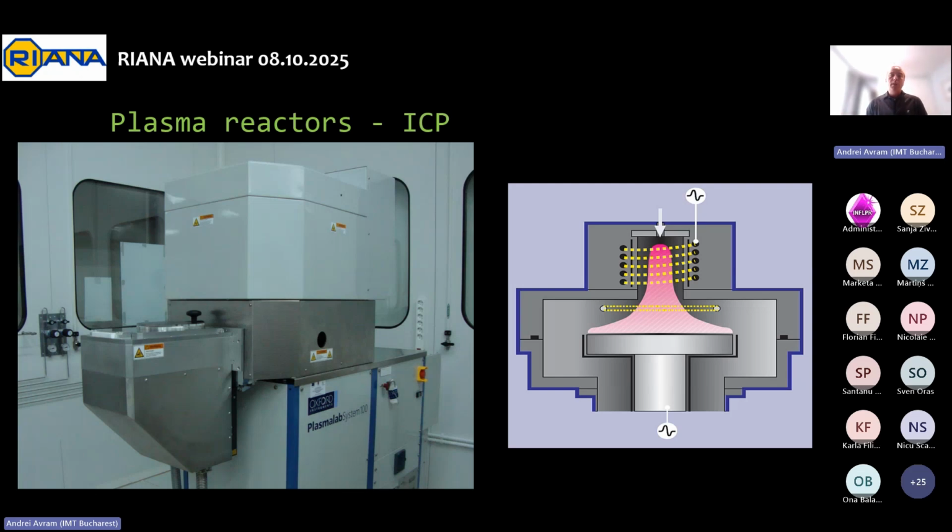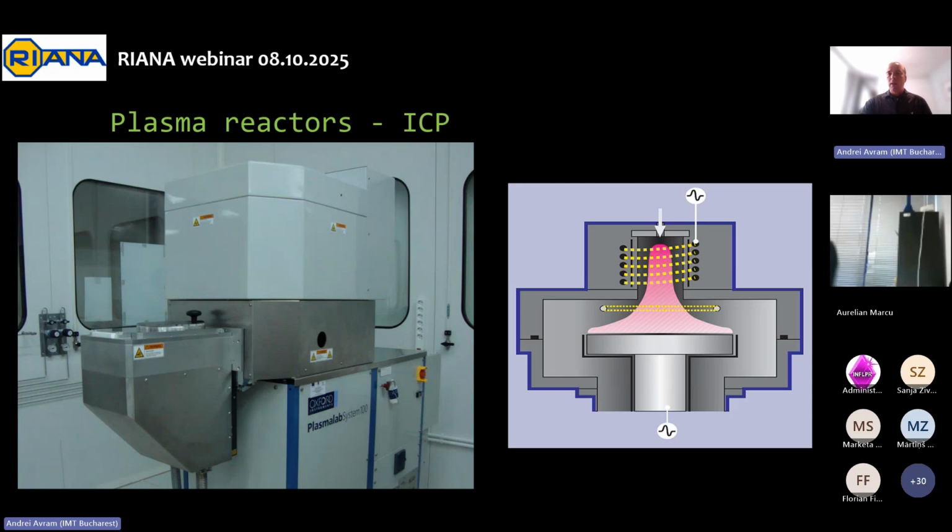So it is very difficult to control what the ions are doing inside. And you will see why this is important a little bit later. But for now, you just understand that the ICP is just a system which dissociates the DC bias from the plasma generation and allows you to create a lot more reactive species inside the plasma without increasing the bias of the lower electrode.